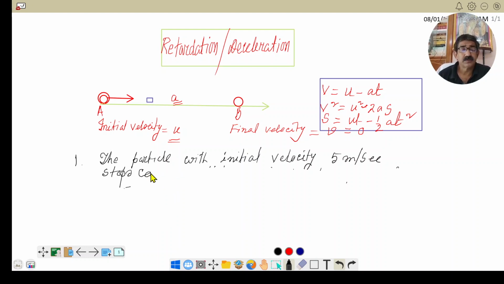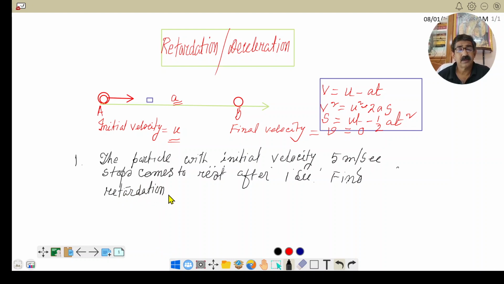Comes to rest after 1 second. Find retardation. So you have the idea about this retardation, practical experience also about retardation. Now it is time to solve this problem.